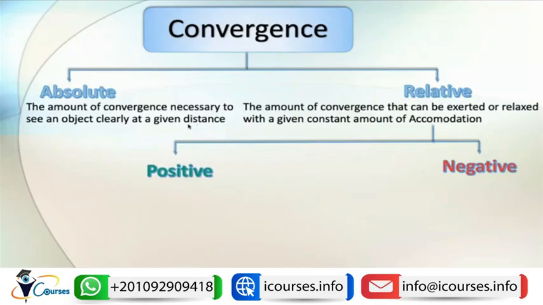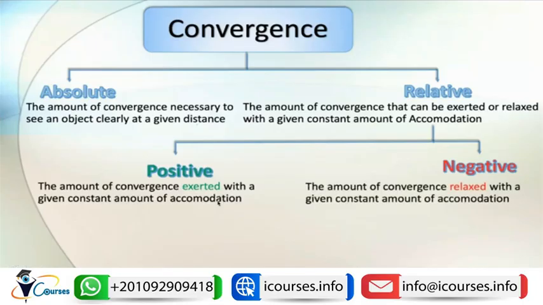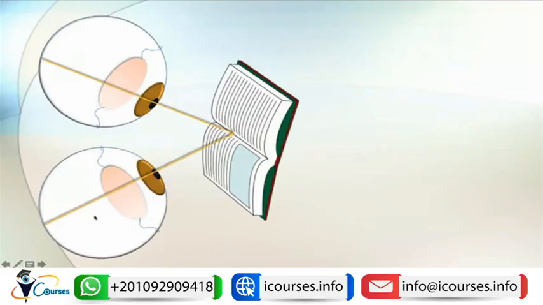So this can also be further subdivided into positive and negative. The positive is the amount of convergence exerted with a given constant amount of accommodation. And the negative is the amount of convergence relaxed with a given constant amount of accommodation. So again, let's see this example.